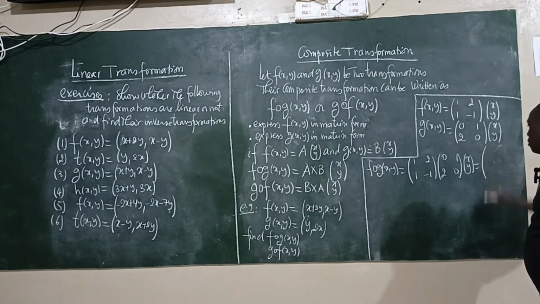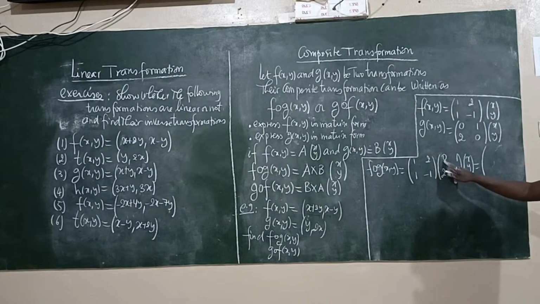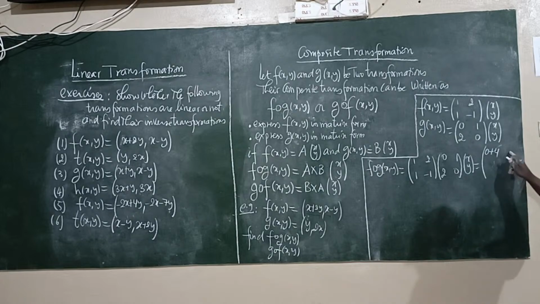First row: 1 times 0 is 0, plus 2 times 2 is 4. Then 1 times 1 is 1, plus 0.